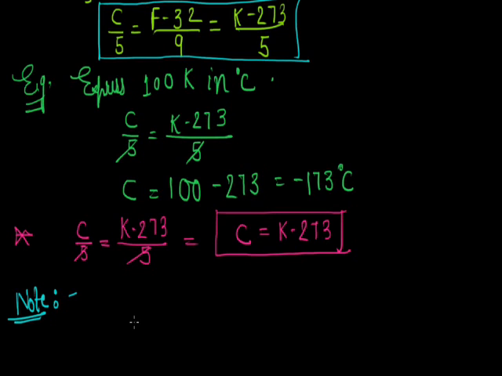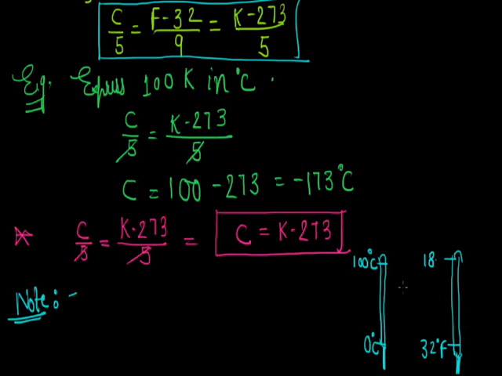So we may write, suppose I draw roughly two scales: one is the Celsius scale, which starts from 0 degree centigrade to 100 degree centigrade, and another is the Fahrenheit scale, which starts from 32 degree Fahrenheit to 212 degree Fahrenheit.